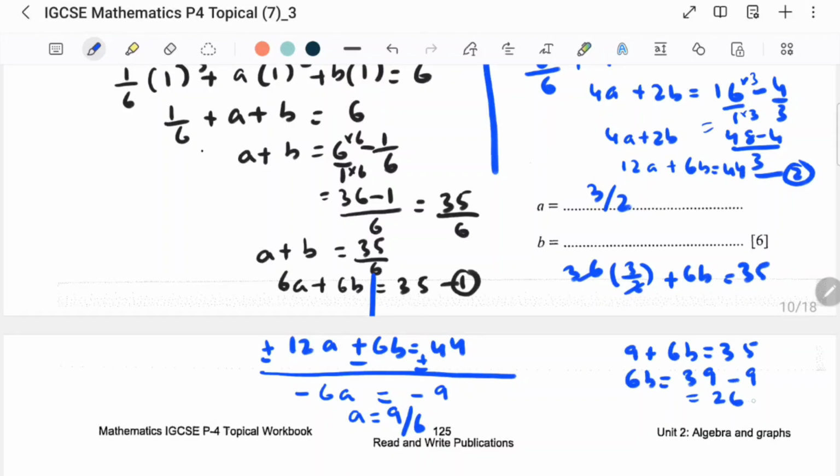Over 6, so that is 13 over 3. That is how you get the simultaneous equation, but don't skip, and practice.